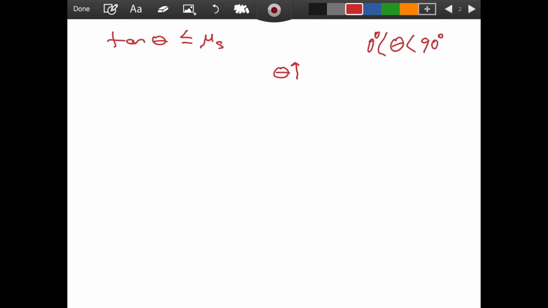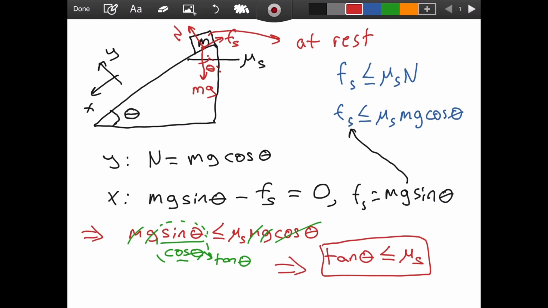So since theta is between 0 and 90 degrees, this means that as we increase theta, sine of theta will increase and cosine of theta will decrease. Since tangent of theta is, as we argued here, sine of theta divided by cosine of theta, the numerator will increase and the denominator will decrease. So the whole quotient will increase.